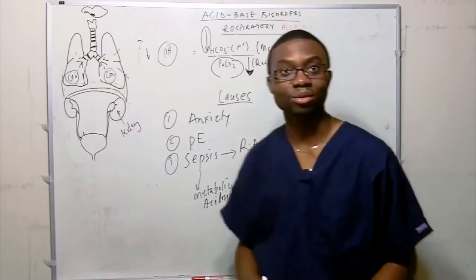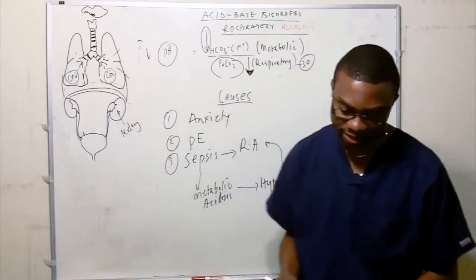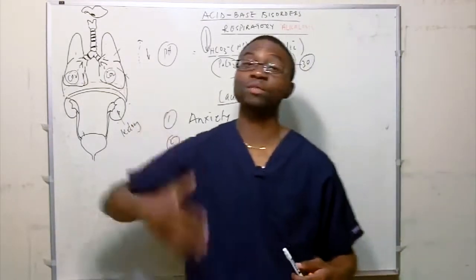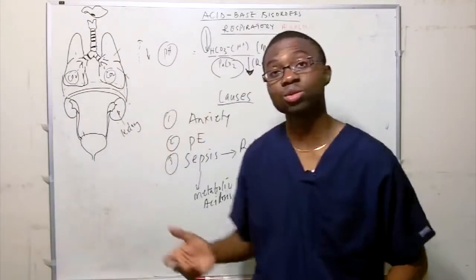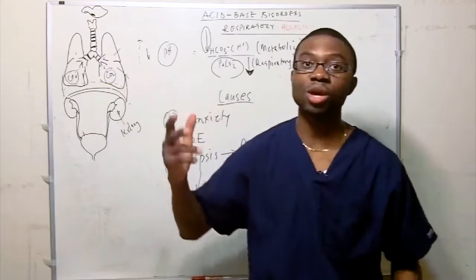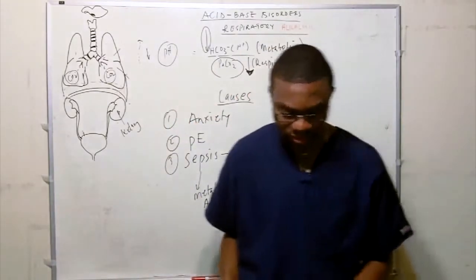Respiratory alkalosis. Does that make sense? Right? The next thing is also mechanical ventilation. If a ventilator is breathing too fast for you and is blowing too much CO2 out, basically anything that can help you get CO2 out of your body faster, basically causes hyperventilation, right?